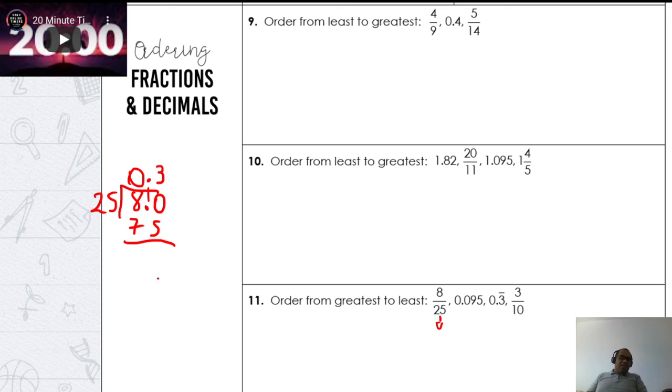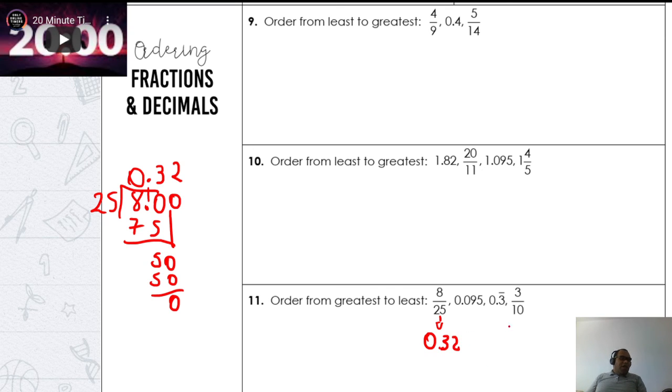It is 5. You're subtracting, 5. You're bringing down a 0 over here. 50. How many times does 25 go into 50? 2 times. It is 50 and subtracting, 0. Remember to bring it down. Nice. Here's my result, 0.32.